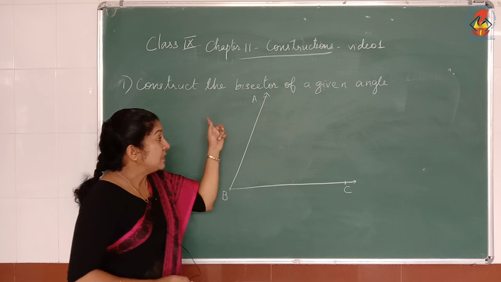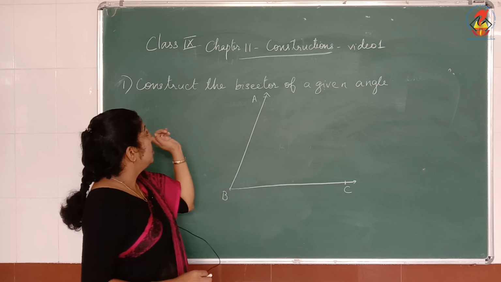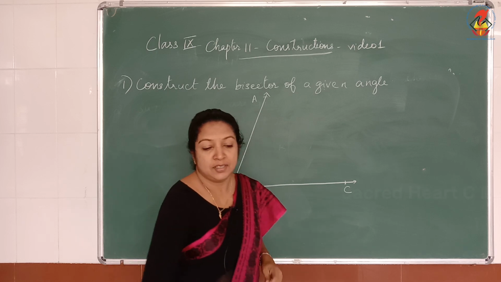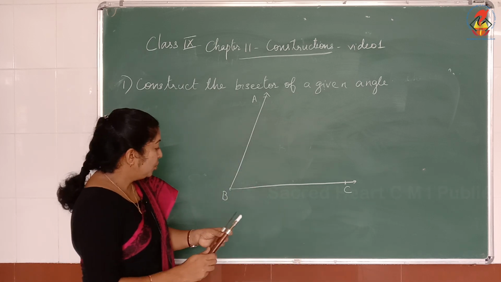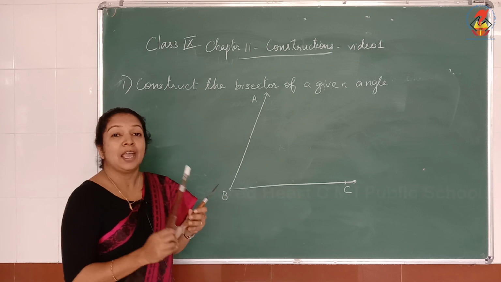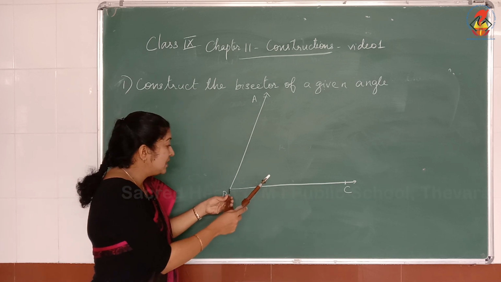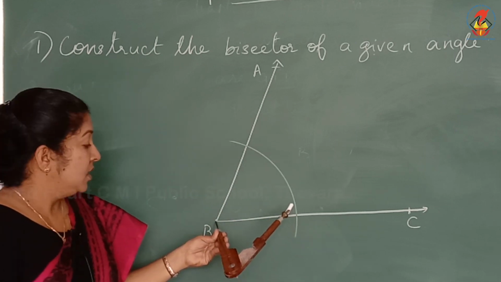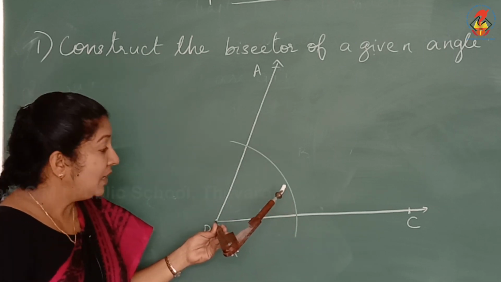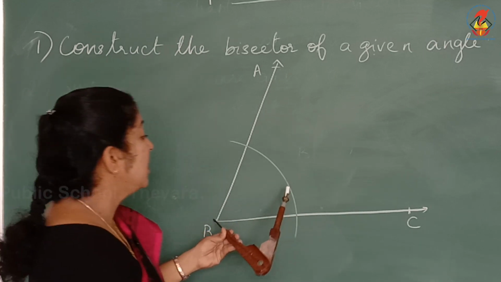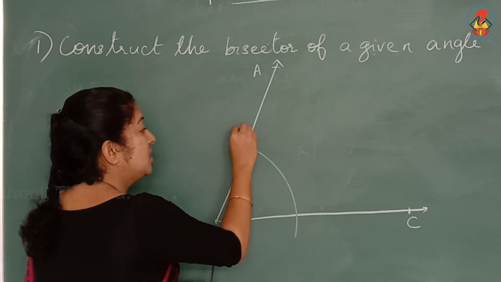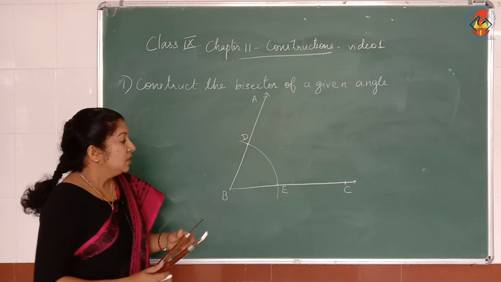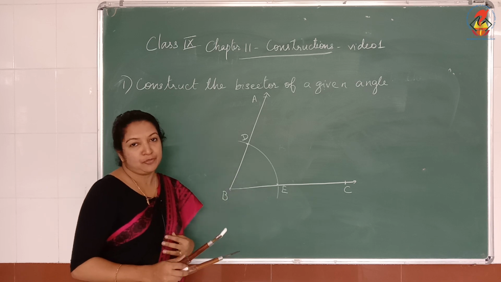So what's the question? Construct the bisector of a given angle. For this, take any radius and take B as a center, draw an arc like this, and mark this point as D and this point as E. Then what we need is the bisector of this angle.